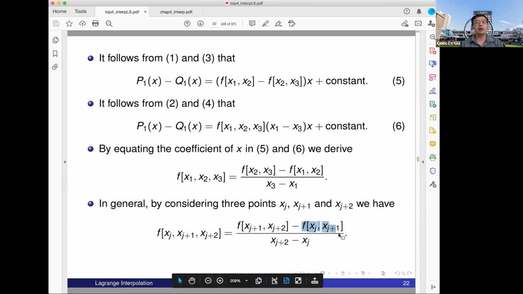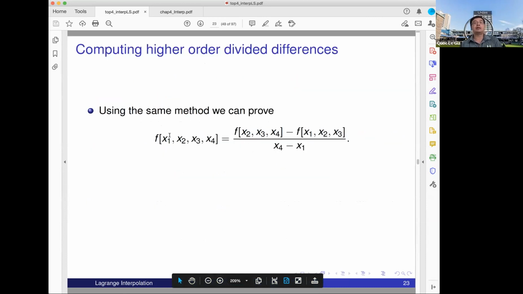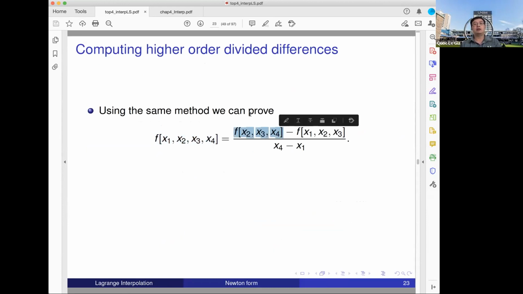Okay. So now, using the same method, we can prove, it's a bit tedious, but you can prove that the divided difference over 4 points can be computed by the divided difference over 3 points. So you take 2, 3, 4, the last 3 points, and take the first 3 points, 1, 2, 3 here, and then over the last point x4 minus x1, the first point.